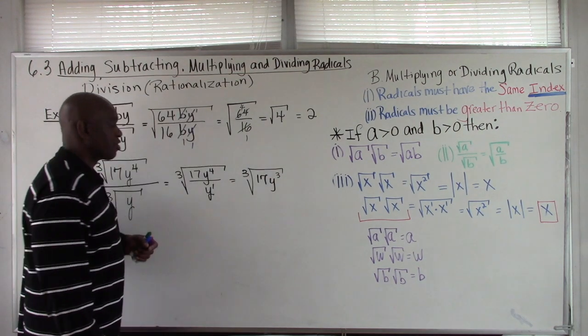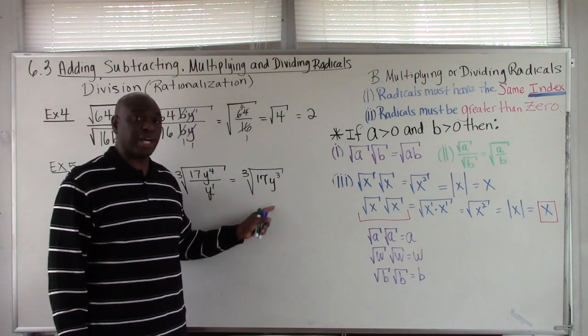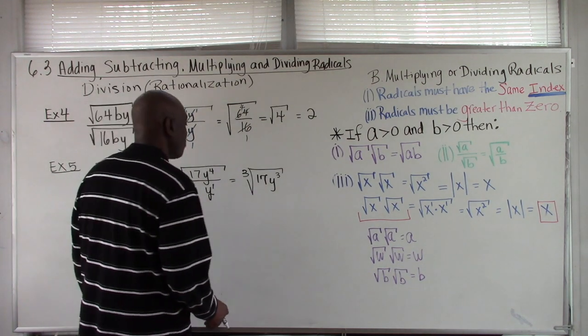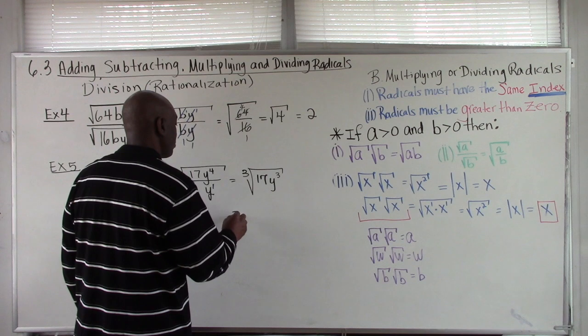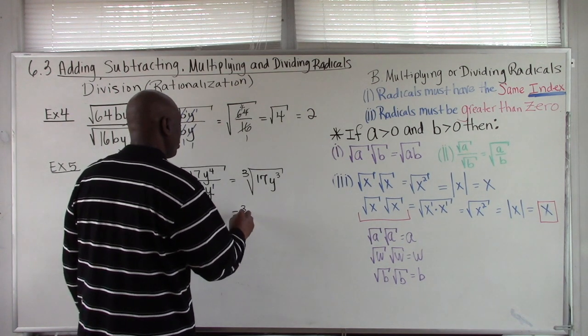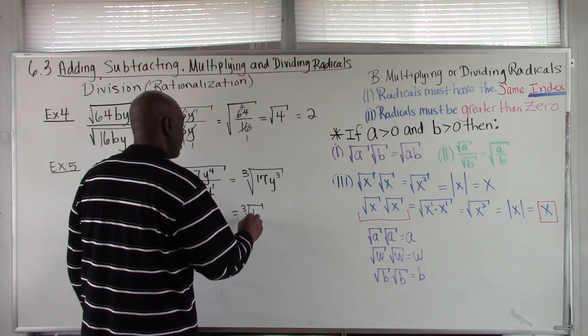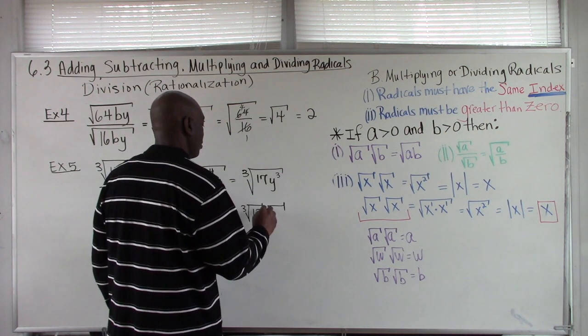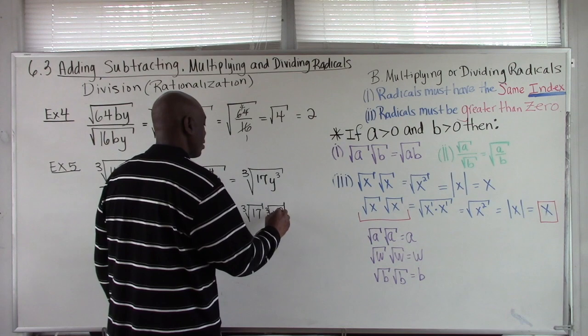Okay? So I have the cube root of 17y cubed. Now simplify that. Alright? So here we go. As we proceed to simplify it, we're going to have the cube root of 17 times the cube root of y cubed.